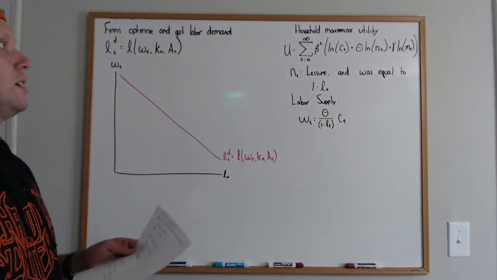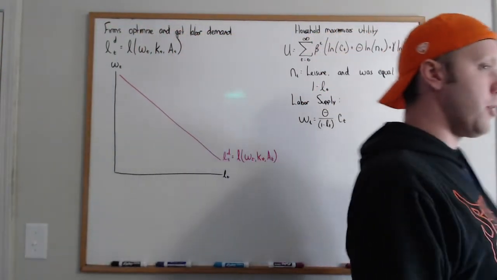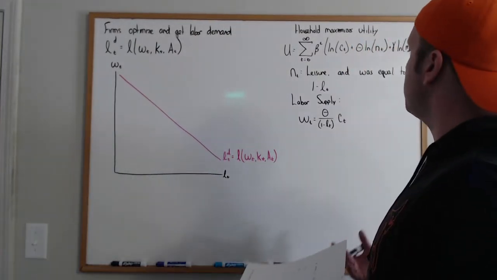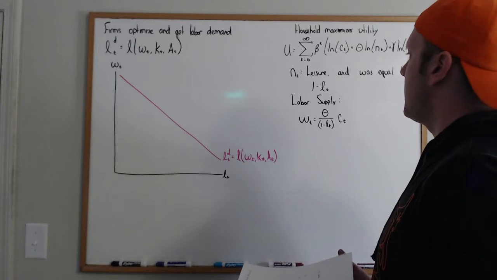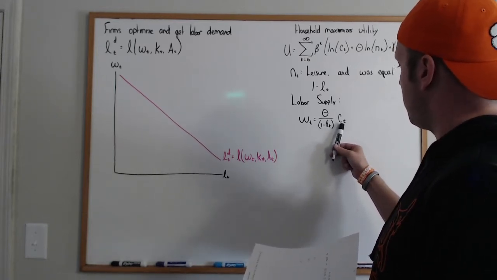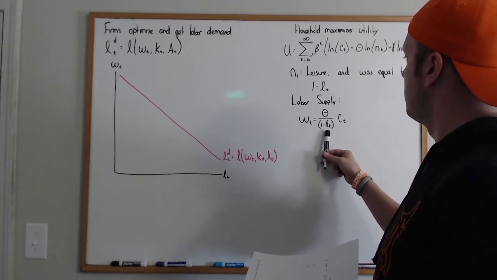All right, so this is the labor supply. The firm demands labor because it needs labor in order to produce. The household supplies labor based on how much they would rather consume relative to how much they would rather have leisure.